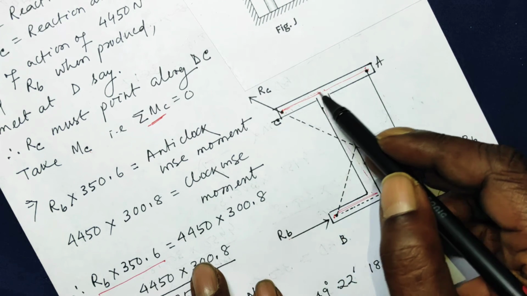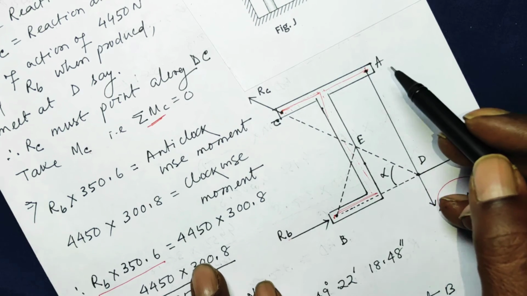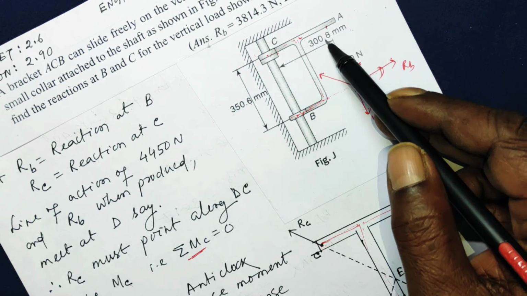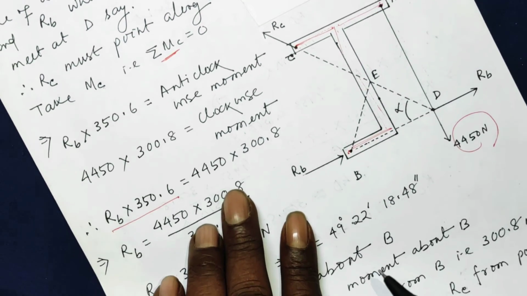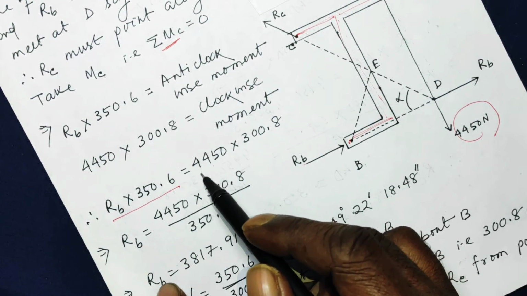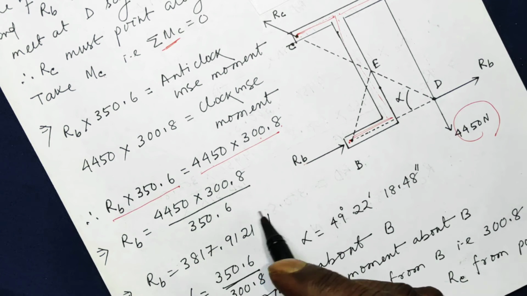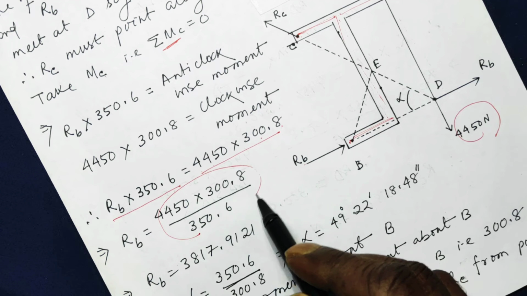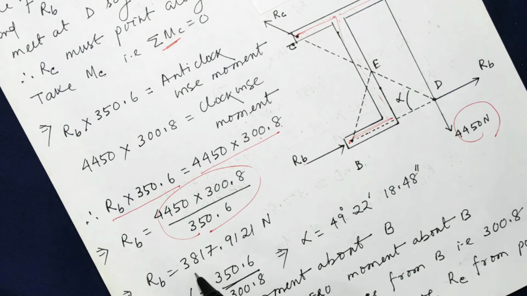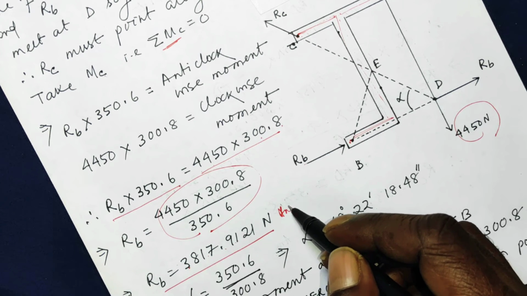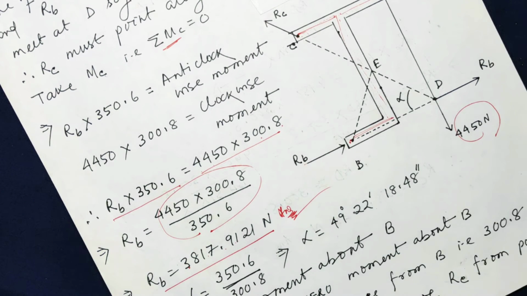It is at this perpendicular distance, which is also given as 300.8 millimeter. So 4450 times 300.8. If you cross multiply, your RB comes out to be this much. Put it in a calculator, this comes out to be 3817.9121 Newton. This is your one answer.